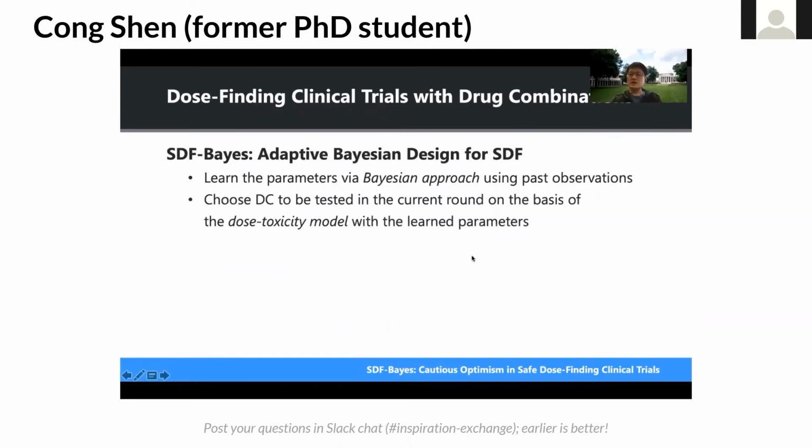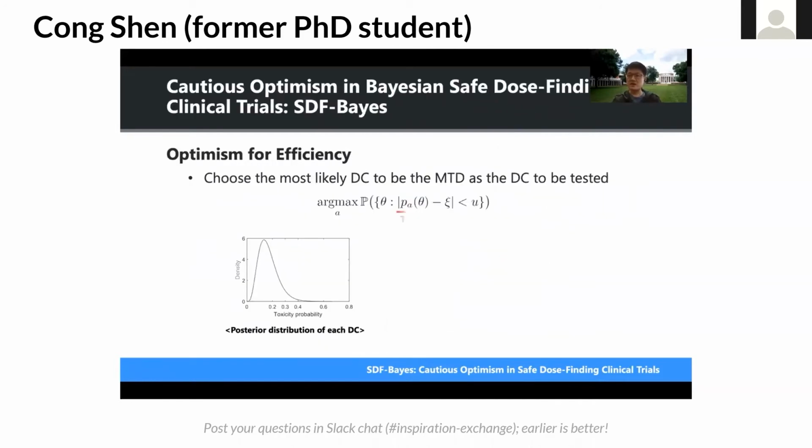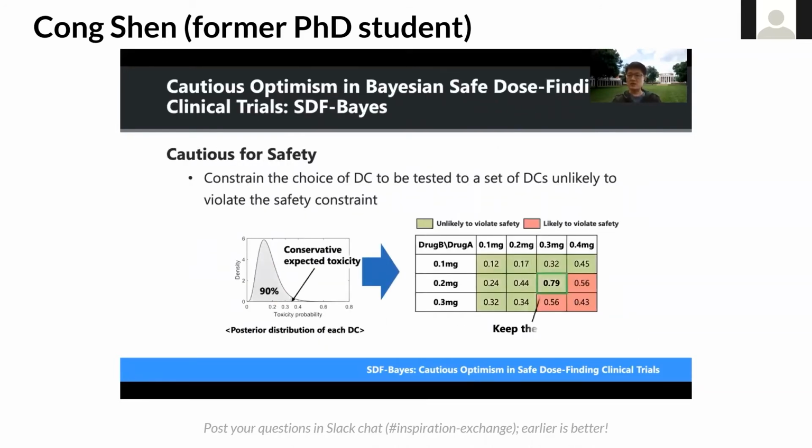So we want to be conservative based on our current best knowledge, and then we want to control our action within this set. So in this particular example, we have this conservative expected toxicity, and if the result is such that our previous choice is unlikely to violate the safety constraint, we're going to choose this choice. If, on the other hand, this choice falls into the likely to violate safety category, we're going to discard this choice and choose the next best option. This is the overall SDF-Bayes operation.